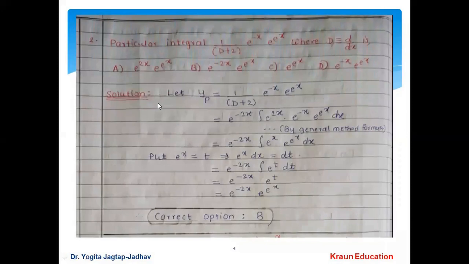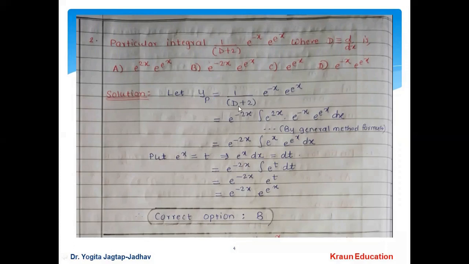Now, in the second example, to find a particular integral of 1 upon D plus 2 operating on e raised to minus x, e raised to x, these four options are provided. To find it, let us consider yp equal to 1 upon D plus 2 operating on e raised to minus x, e raised to x.